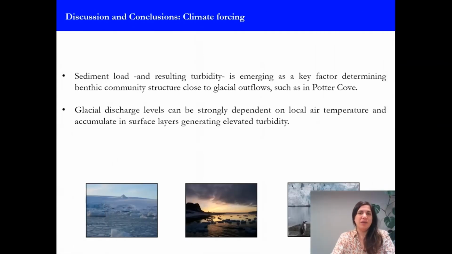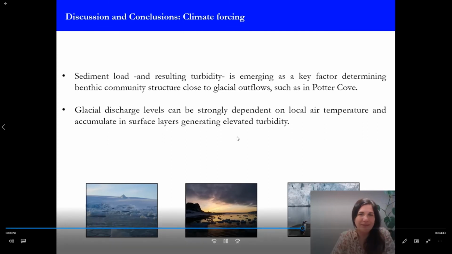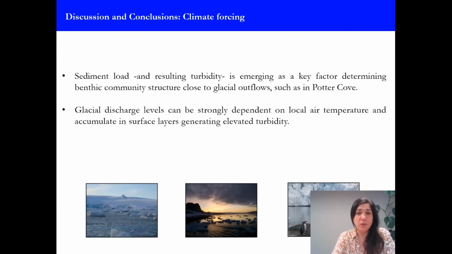So if we draw a conclusion about our results, we know that sediment load is emerging as a key factor determining benthic community structure close to glacial outflows such as Potter Cove. And also that glacial discharge levels can be strongly dependent on local air temperature. It is very normal to see high turbidity in the water in Potter Cove.